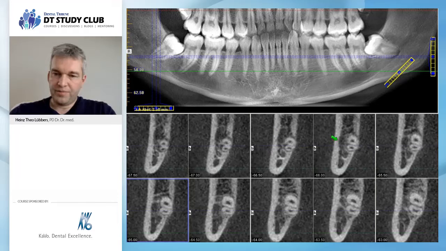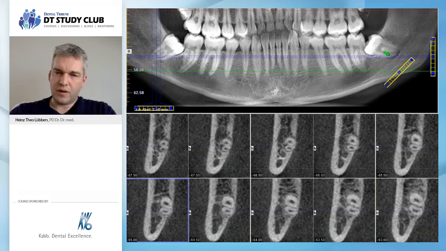It's right there at the tip of the arrow. It has a cortical separation from the roots, and the diameter is not really reduced. So actually, one would say this side is not an especially high risk side.